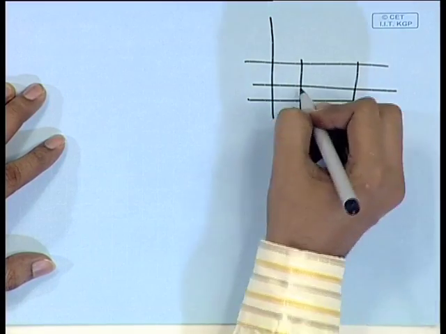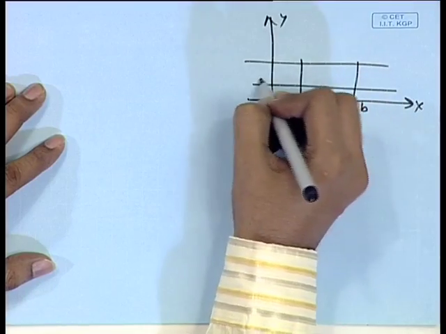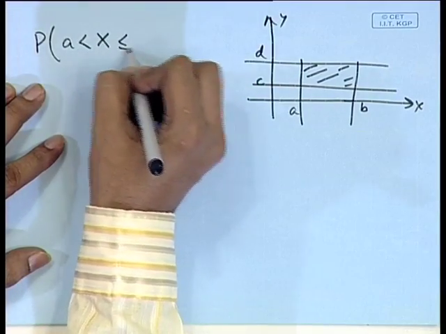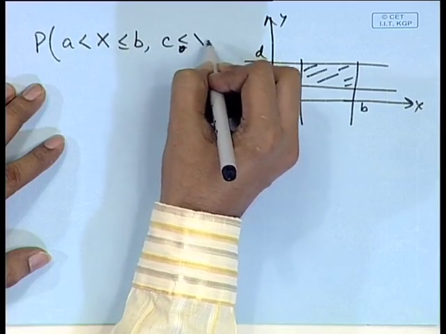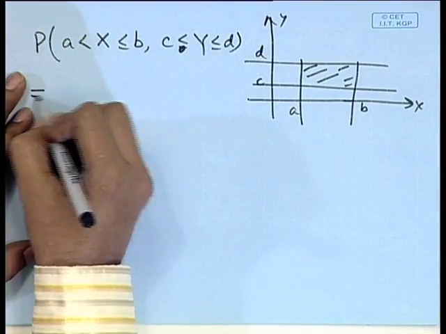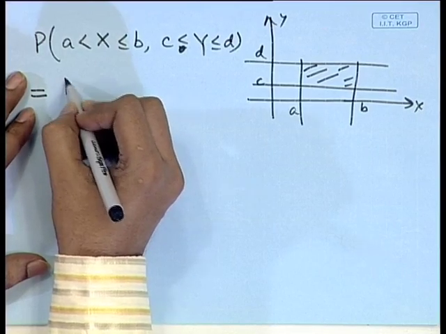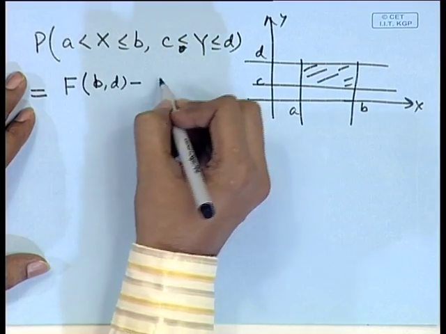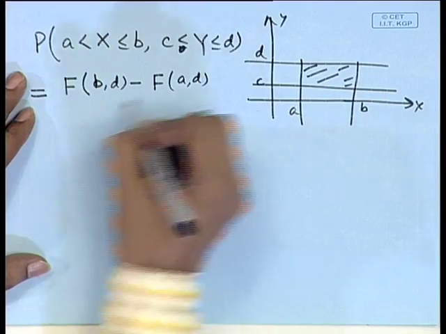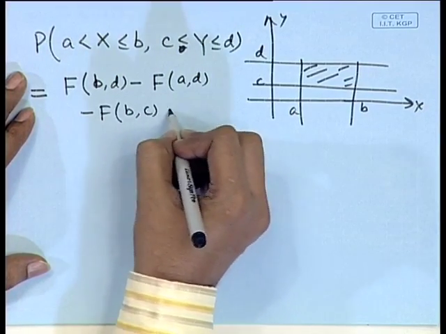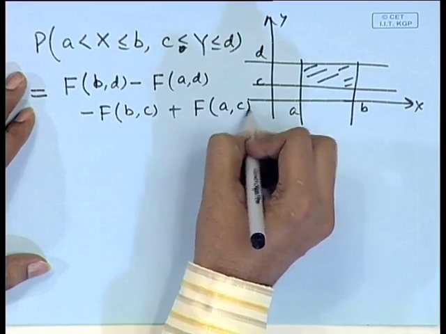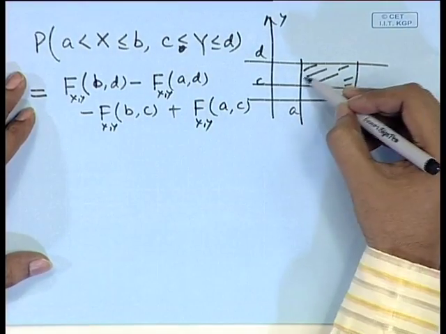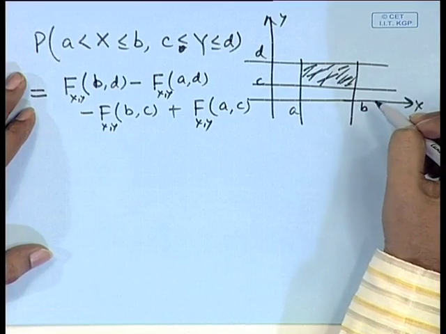Suppose this is the point A B, this is x, this is y, and this is say C D. So, if we want to look at the probability of this region, so probability of A less than x less than or equal to B, C less than y less than or equal to D, then this is equal to F of B D minus F of A D minus F of B C plus F of A C. So, the probability of a rectangular region can be evaluated in terms of the CDF.